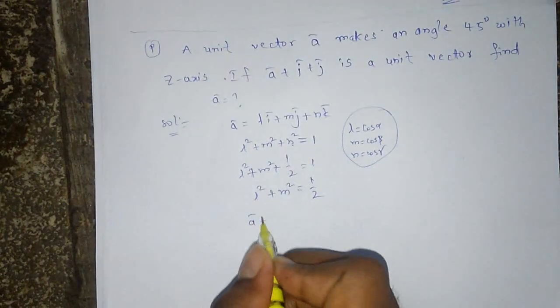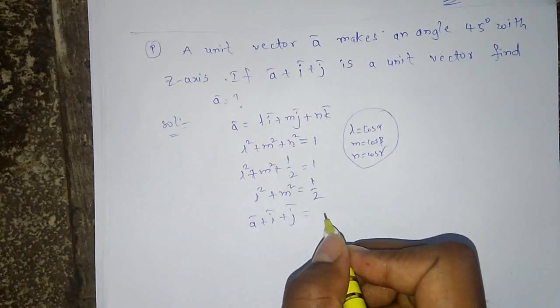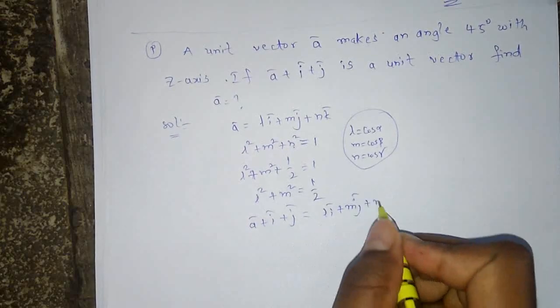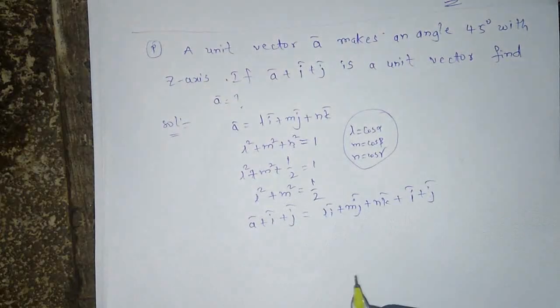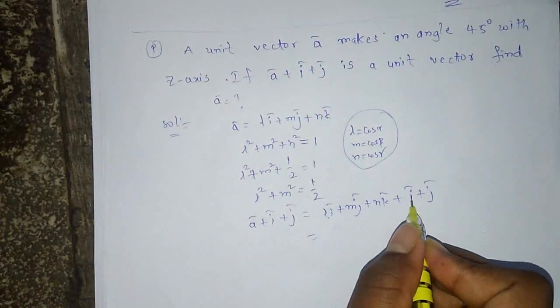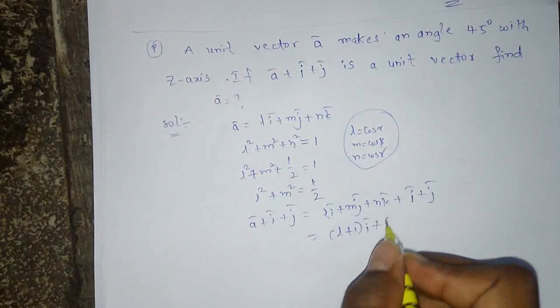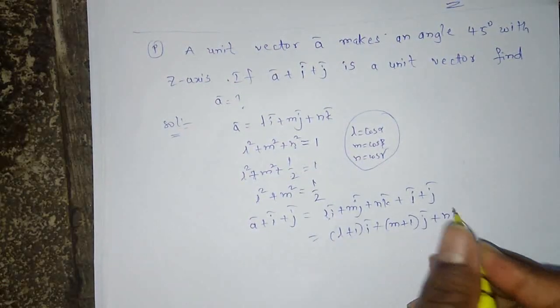Now A bar plus I bar plus J bar is equal to Li bar plus Mj bar plus Nk bar plus I bar plus j bar, that is L plus 1 into I bar, M plus 1 into j bar plus Nk bar.